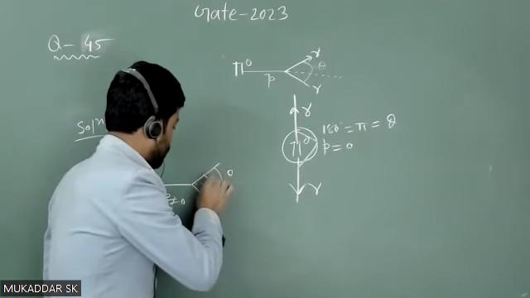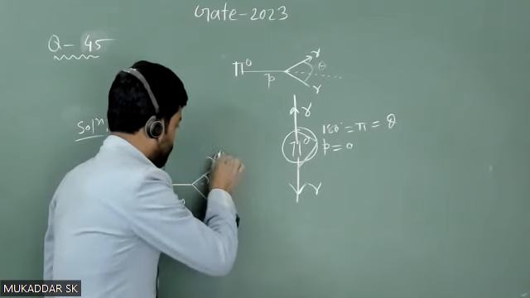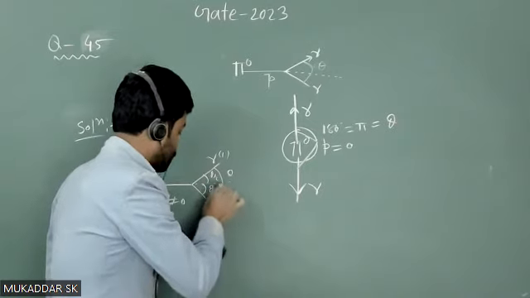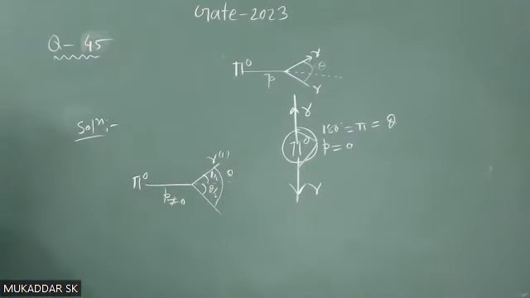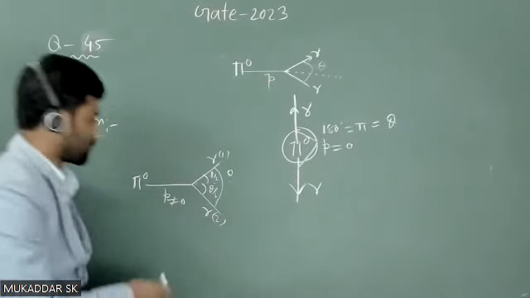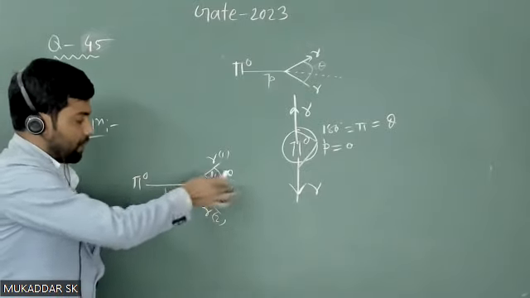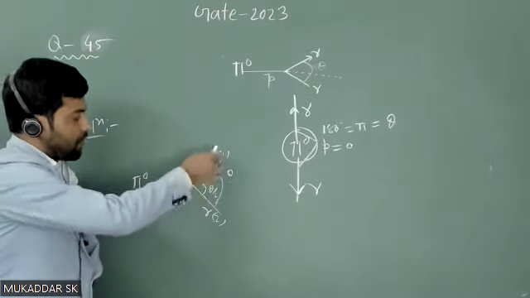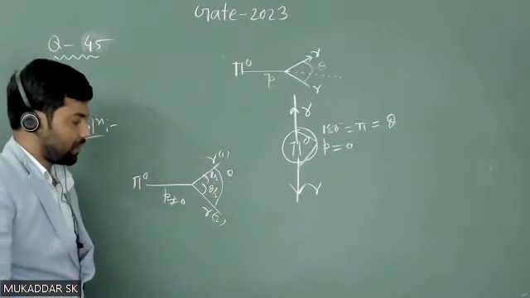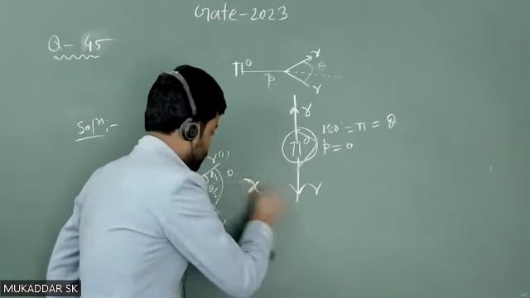The angle between the horizontal line and the first photon will be theta by 2, and this angle will be theta by 2. So theta by 2 plus theta by 2 is theta, and this is your second photon. Photon 1 and photon 2 are emitted at an angle of theta. Let us take this as the x axis.